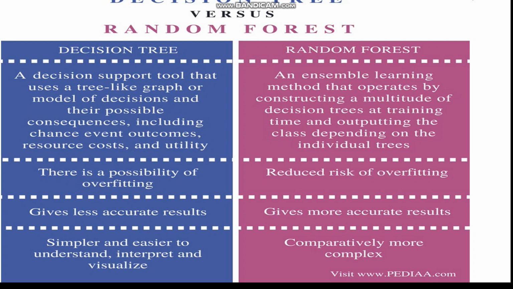So when we talk of a decision tree, we know that it suffers from the problem of overfitting, since it is allowed to grow without any control. But on the other hand, random forest is created from subsets of the data, and the final output is based on the average or majority ranking, and hence the problem of overfitting is taken care of. A single decision tree is faster in computation, whereas random forest is slower.